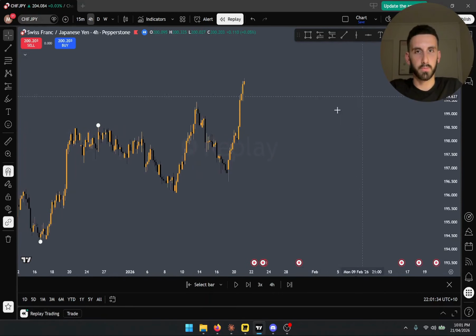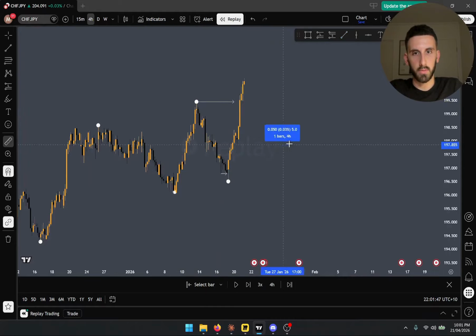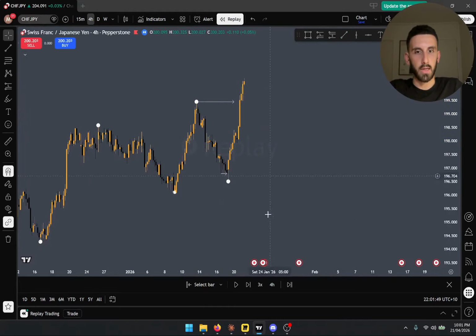So let's move on. And we can see here we've got another opportunity. We've got a break of structure to the upside. We've got a tiny liquidity sweep here, and then we let the trade play out. I'm pretty comfortable with this.